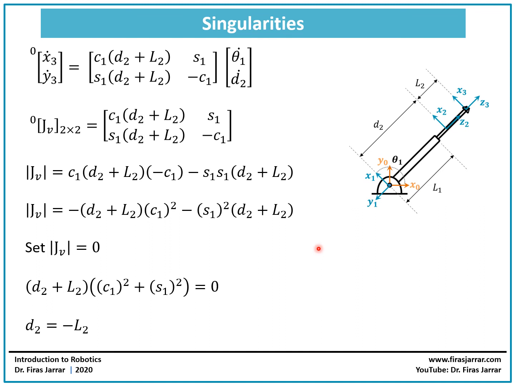It's not necessarily that d2 is allowed to go to this value. However, this is what we get from just looking at the equations, and it makes sense. So once the end effector is at the origin of frame 0, you will have a singularity.